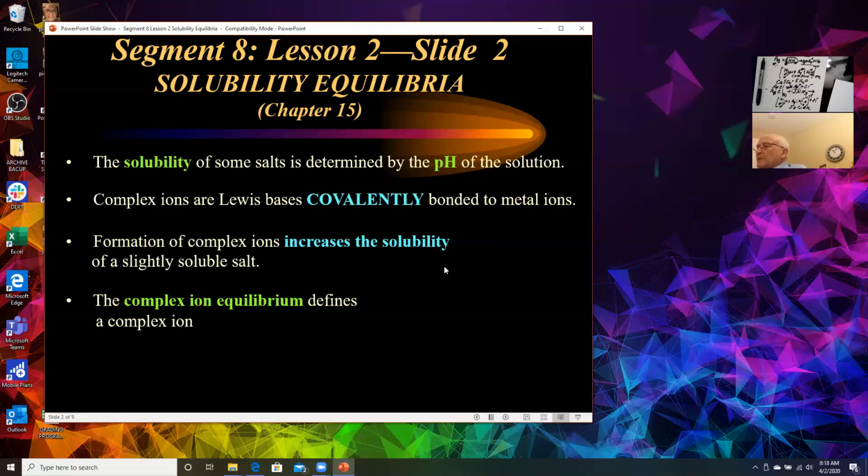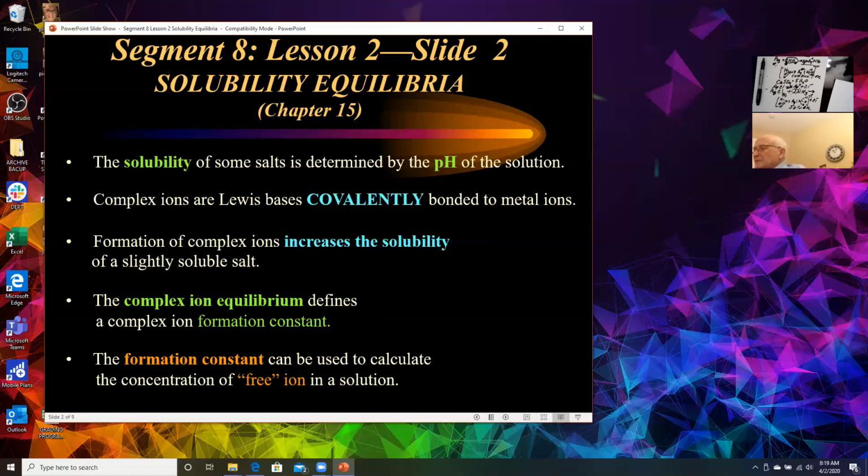Now, the complex ion equilibrium has a formation constant, just like the Ksp constant, just like the weak acid, weak base constants that we've seen before. And we can use the formation constant if we wanted to calculate the concentration of the free ion still in solution.